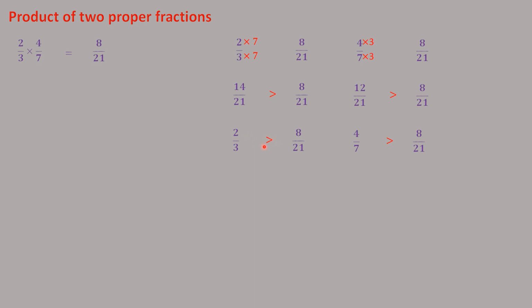Now see, the proper fractions we have taken are greater than the answer, that is 8 by 21. 4 by 7 is also greater than 8 by 21. So the product of two proper fractions is always smaller than each of the two fractions.